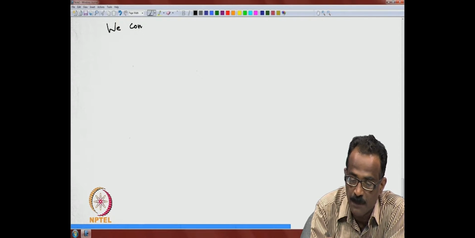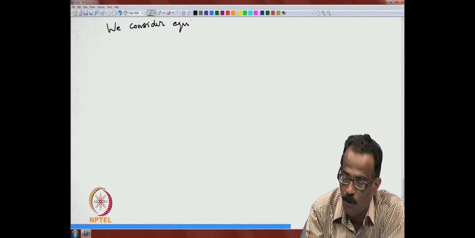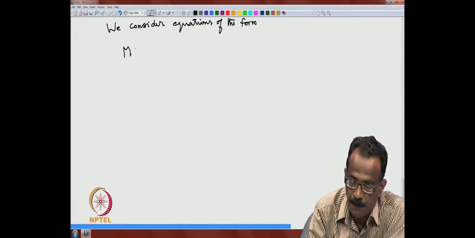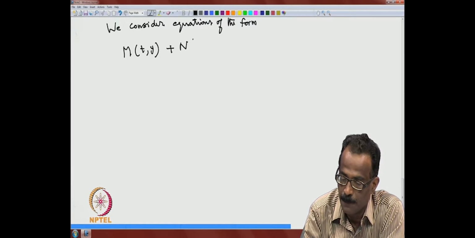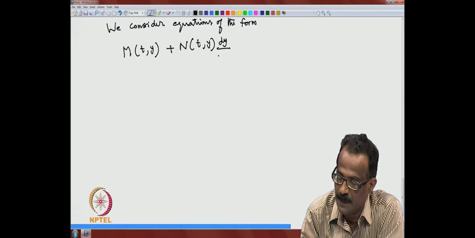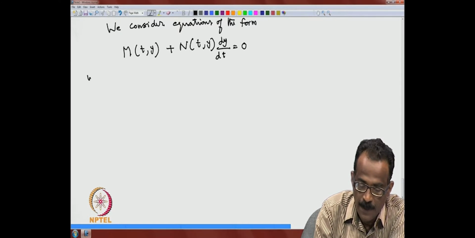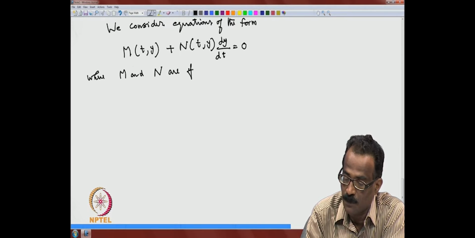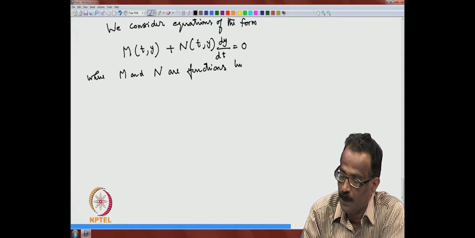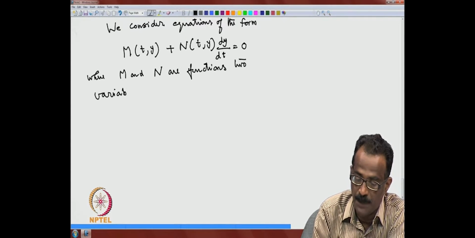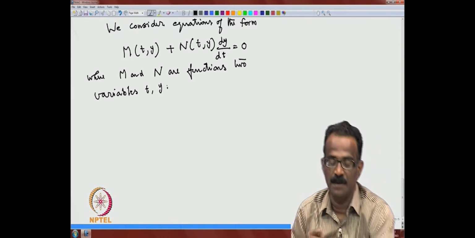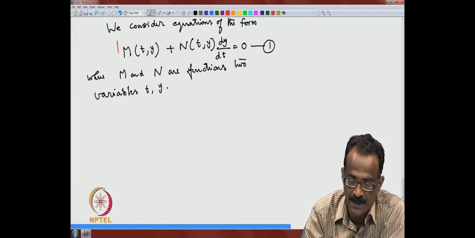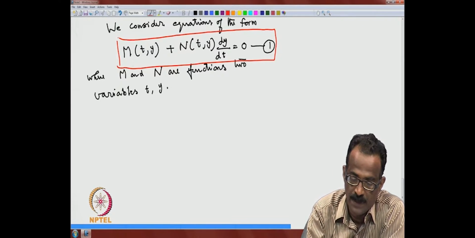We consider equations of the form M(t,y) plus N(t,y) into dy by dt is equal to 0, where M and N are functions of two variables t and y, defined on some domain in the ty plane. Let me call this equation 1.